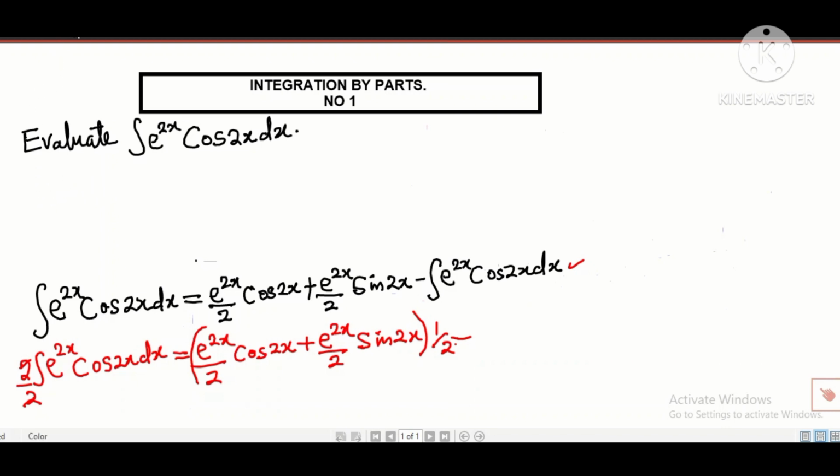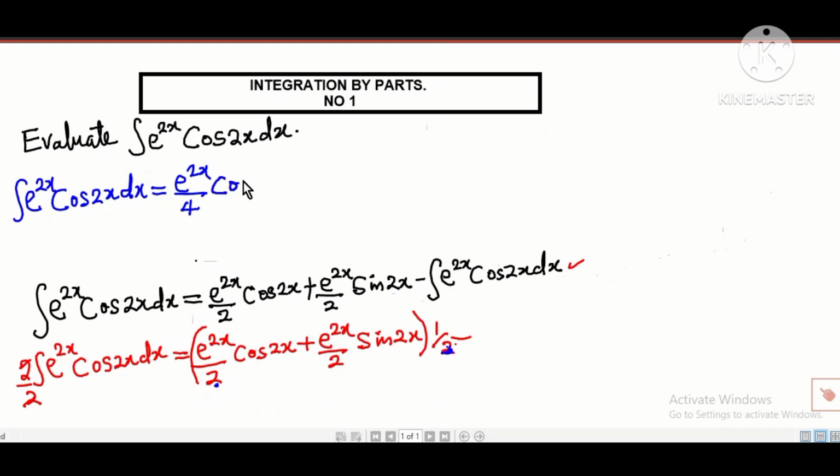After doing this, I'm going to have the integral of e to the power 2x cos 2x dx is equal to, now remember, 1/2 multiplied by this is going to be e to the power 2x over 4, because this 2 is going to multiply this 2.